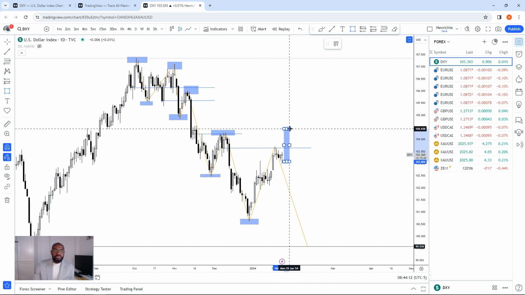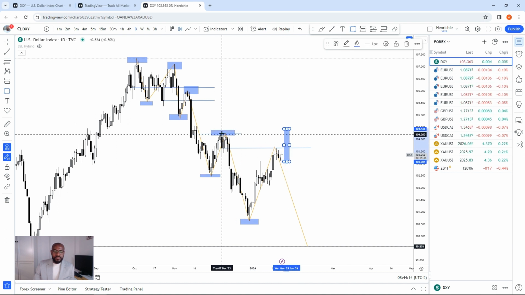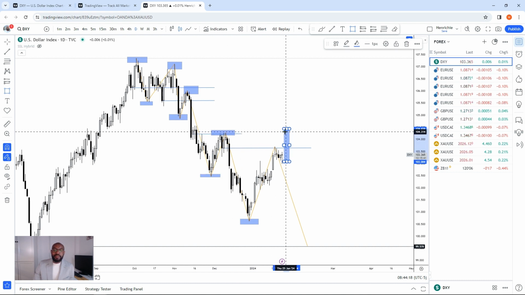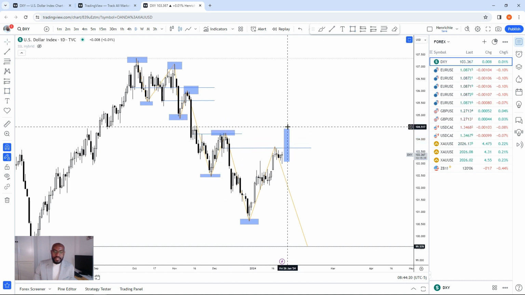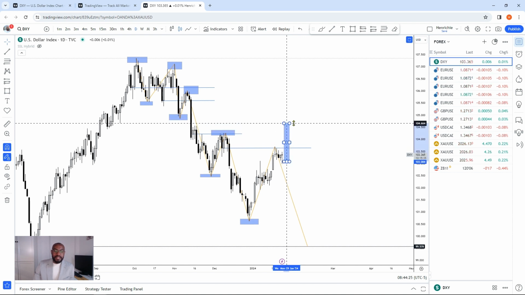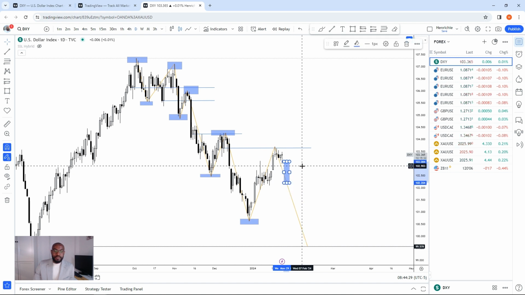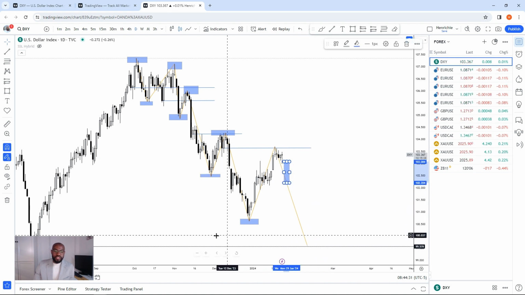So if price should run this high, what I would like to see is a run on the liquidity, and then price should fail to close above it, dropping lower, breaking structure, and then I could potentially see a continuation to the downside.